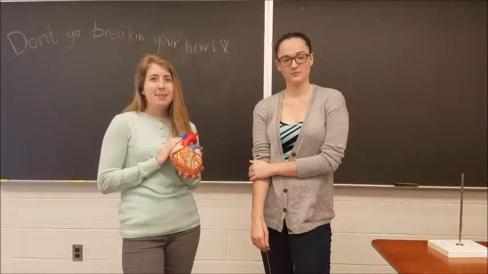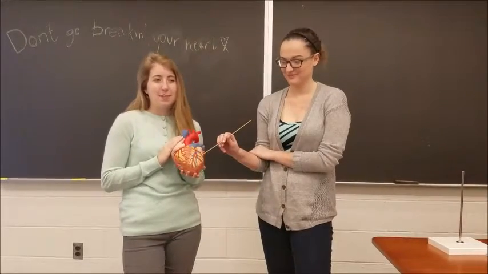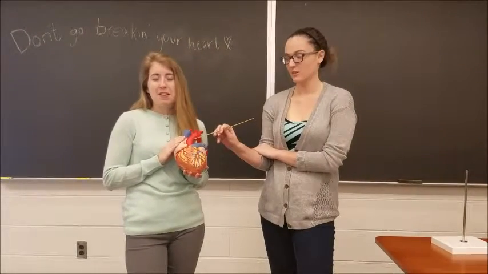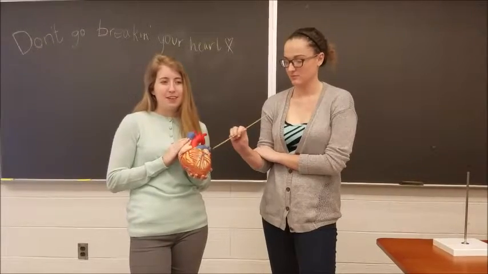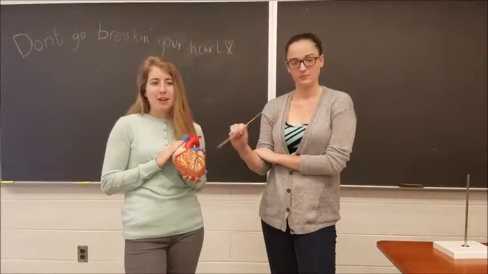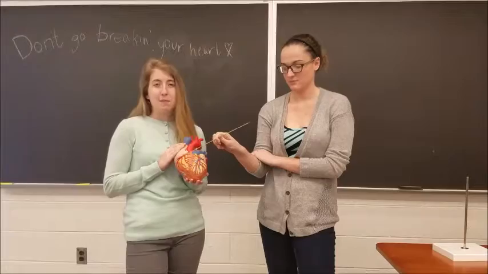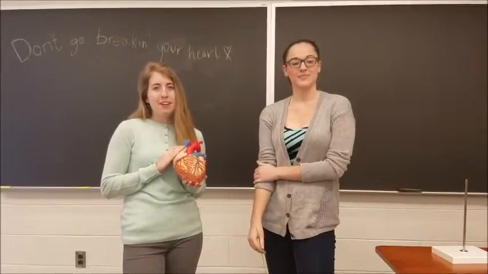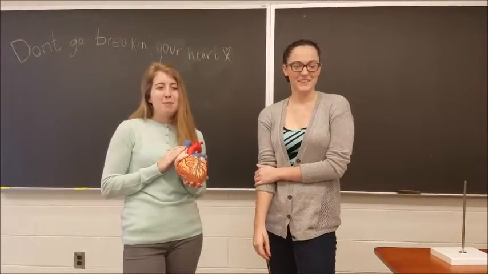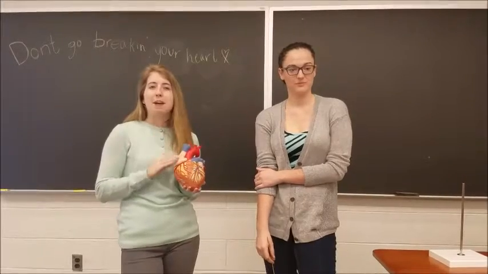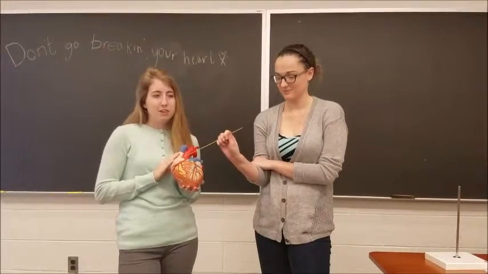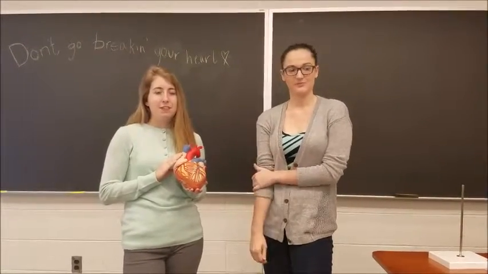As the oxygenated blood leaves the left ventricle and travels up into the aorta, some of it will branch off into the left and right coronary arteries. Once blood enters the right coronary artery, it can branch off into either the marginal artery or the posterior interventricular artery. Blood from these 2 arteries supplies the right atrium, right ventricle, SA node, and AV node.